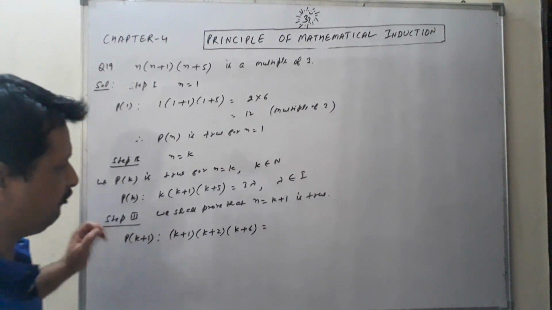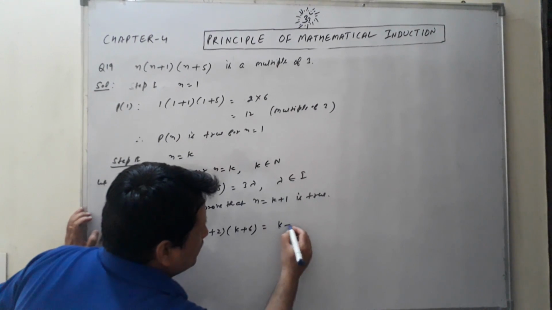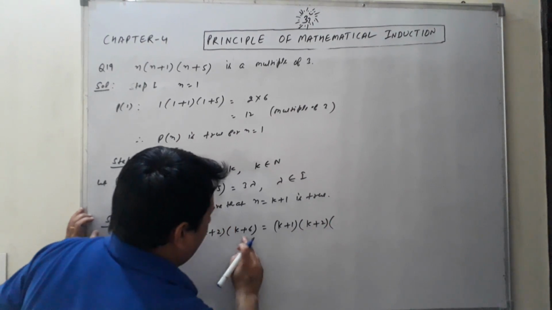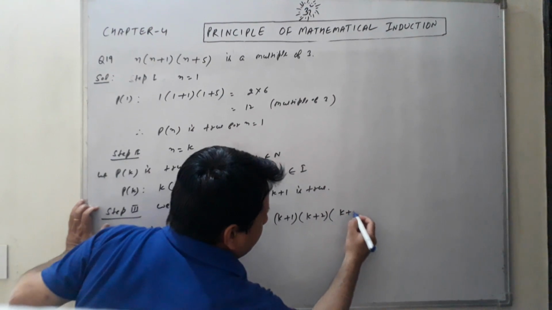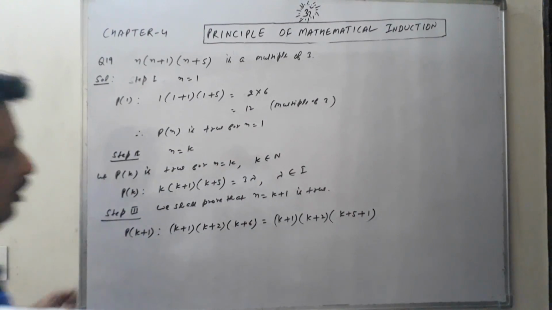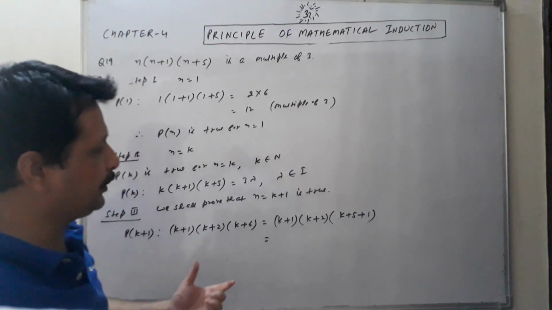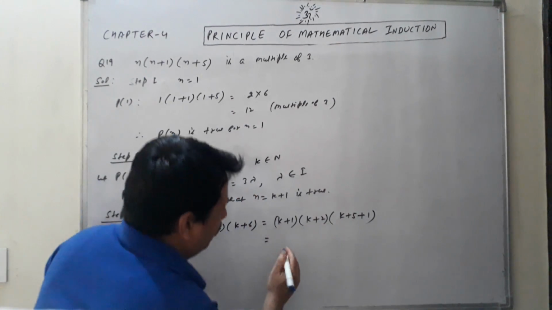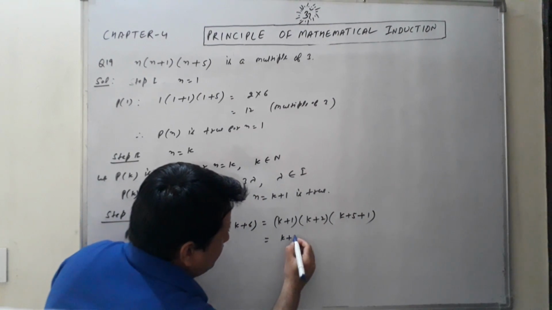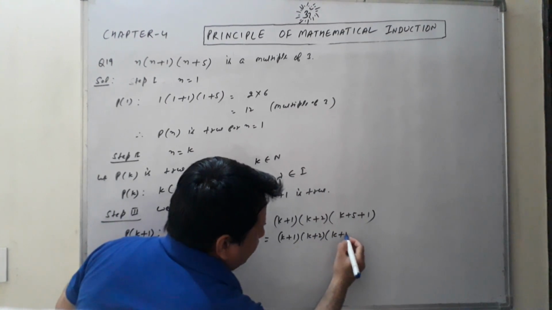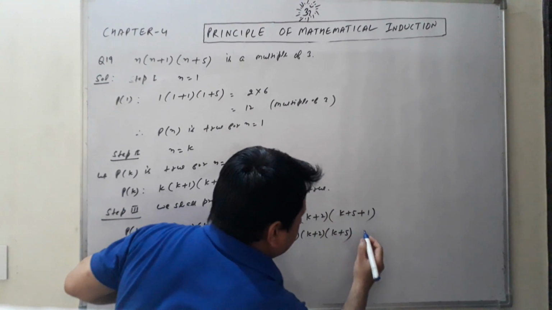So let us see what I am doing here. This is k plus 1 into k plus 2, I will break this as k plus 5 plus 1 students. Now in the next step, this is k plus 1, this is 1, I will multiply it now. k plus 1 into k plus 2 into k plus 5, right?